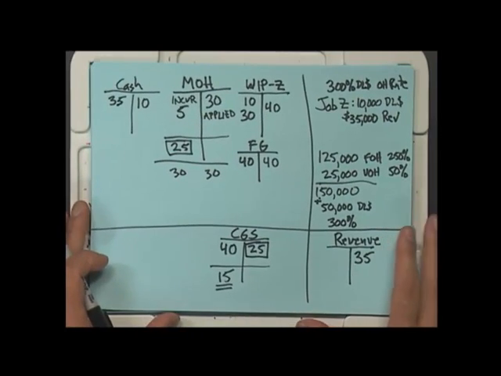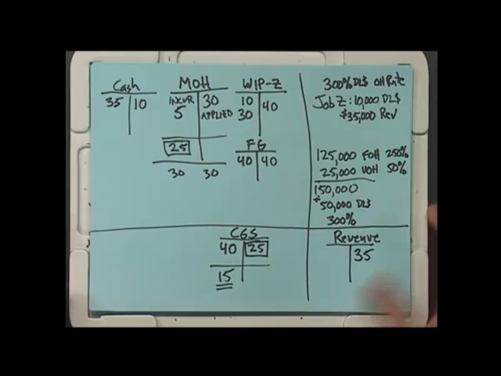Let me show the set of assumptions that we worked with for the prior two videos. We assumed under absorption costing we had a 300% direct labor rate, and we were considering taking on an additional job that would take 10,000 direct labor dollars.